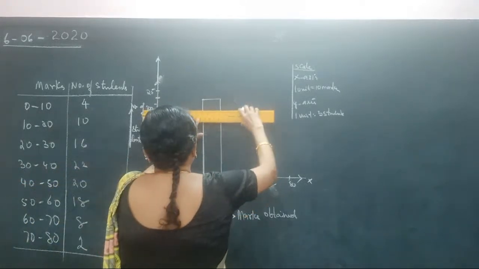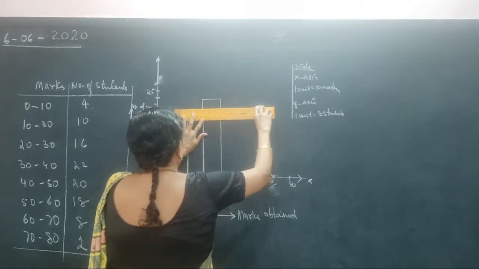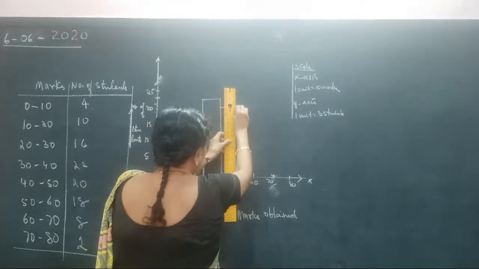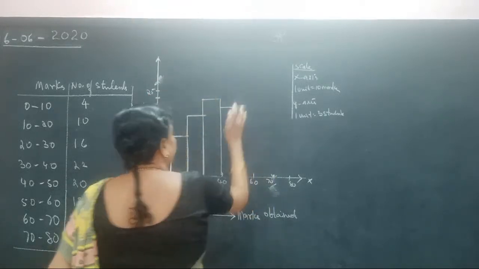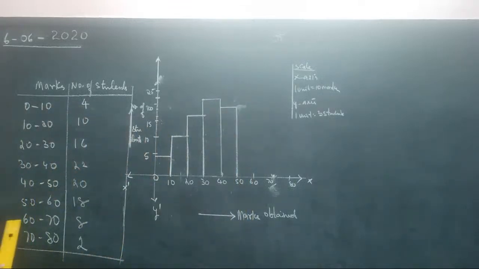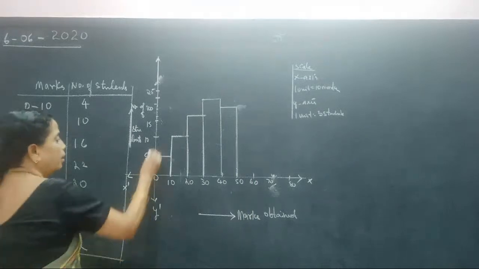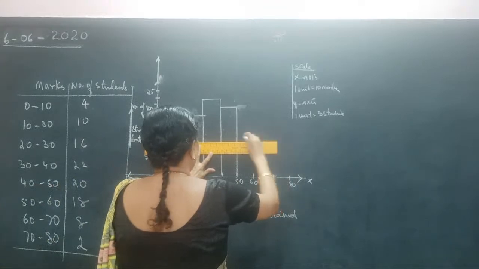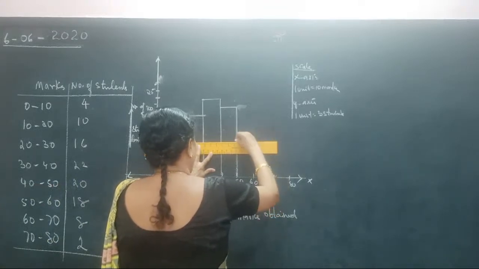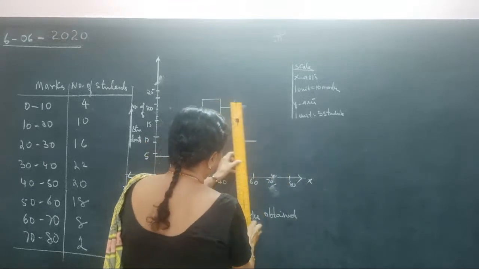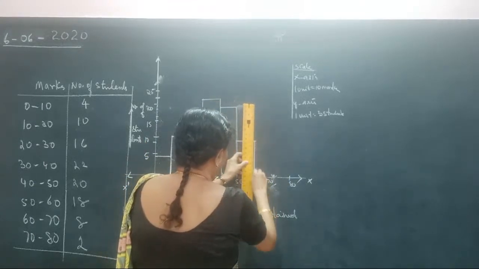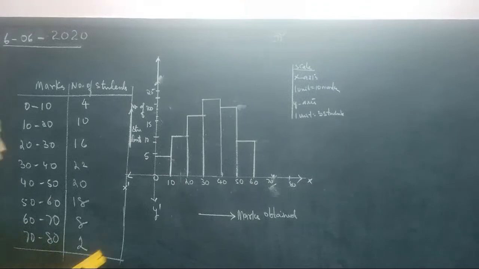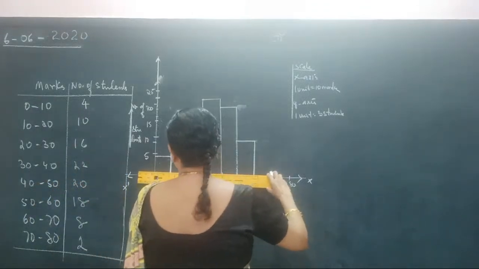Mark that 18 and draw the horizontal line to obtain the rectangular box. Next, 60 to 70 is 8, that is 4 divisions below 10. Another rectangular block. Then 70 to 80 is 2, and 2 means 4 divisions.